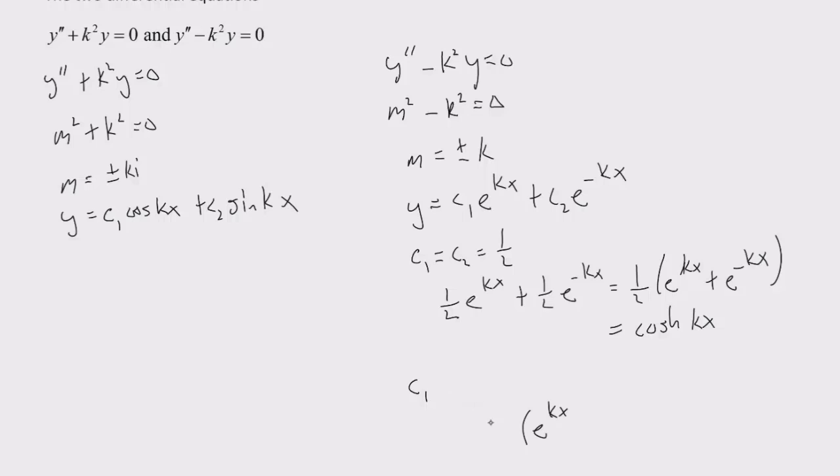My conditional assumptions were off. The c1 we're going to say is positive 1/2, and c2 we're going to say is negative 1/2, which would give me 1/2. Factor that out, so e to the kx, and that would put a minus in there, so e to the negative kx, which is the definition of hyperbolic sine.